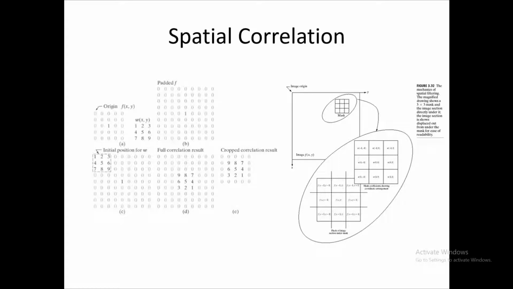We move the mask over this image and perform the sum of product, and finally we get the full correlation result. In figure D, we get the complete result after the correlation is performed, and finally we can see the cropped result. Here it starts with 9. The final result is 987654321, and in this way we perform the spatial correlation.